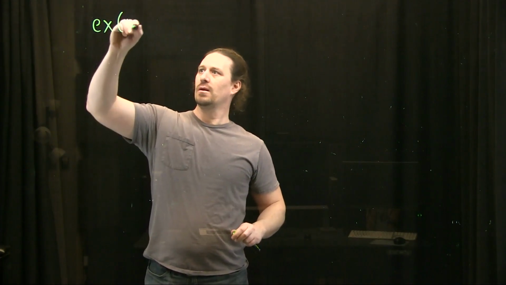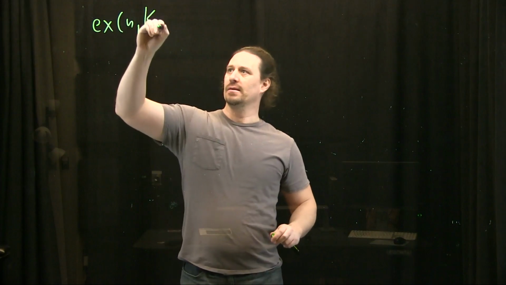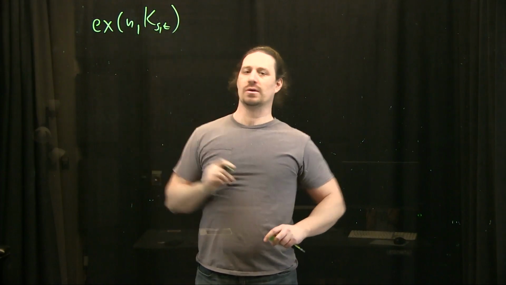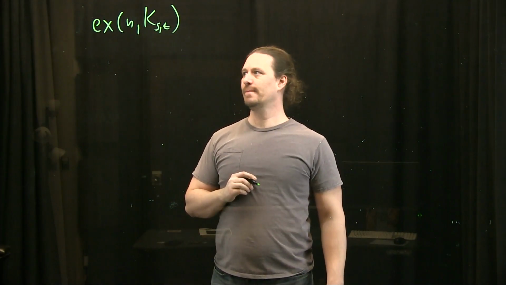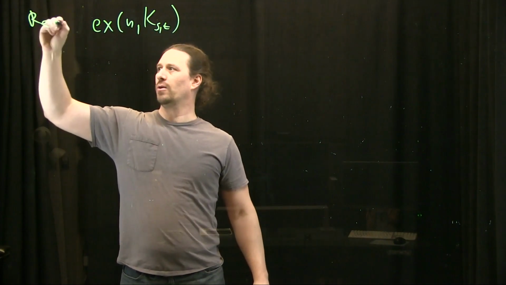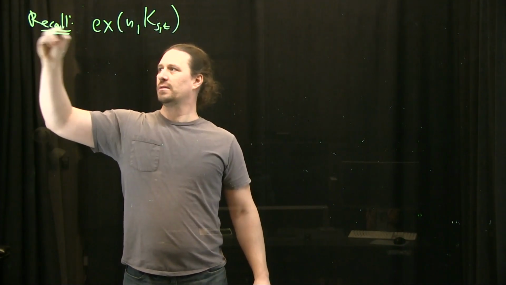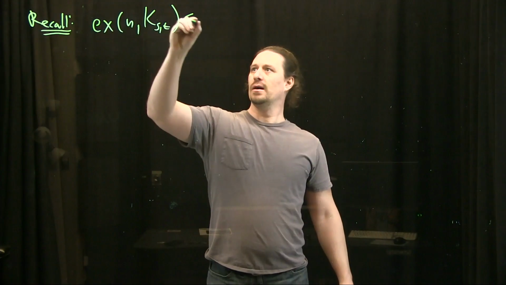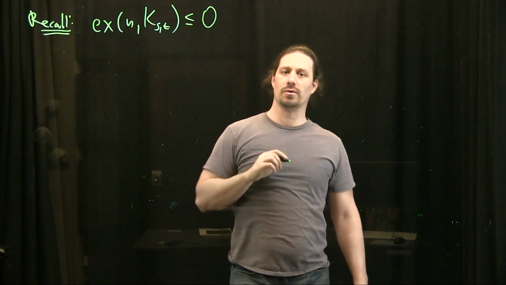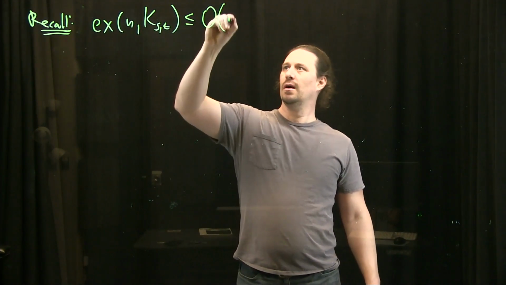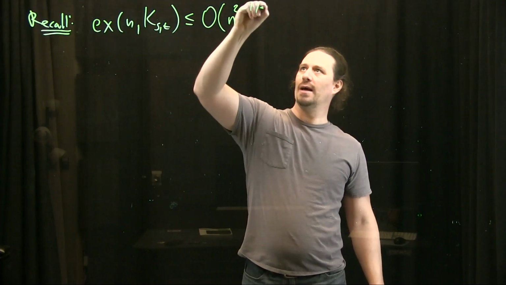So I just want to give a quick proof of a lower bound on the extremal number of K_{s,t}, the complete bipartite graph with classes of size s and t here. We already know from the previous session that this is at most, or the order of magnitude is at most, n to the 2 minus 1 over s.